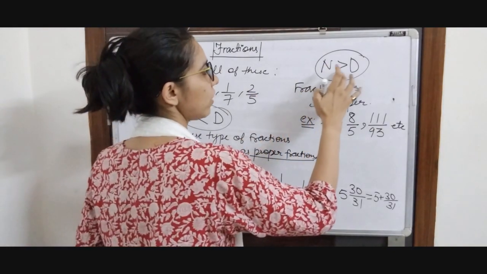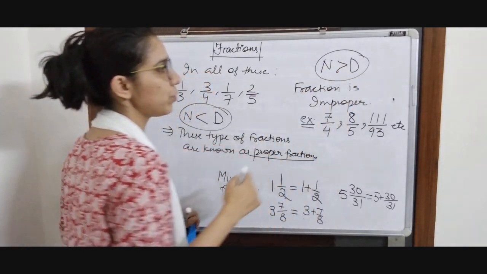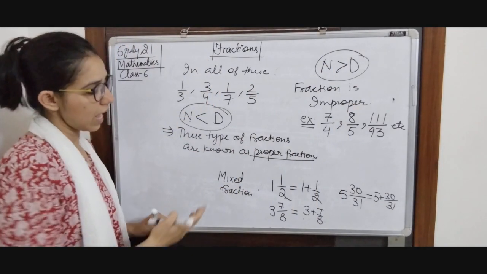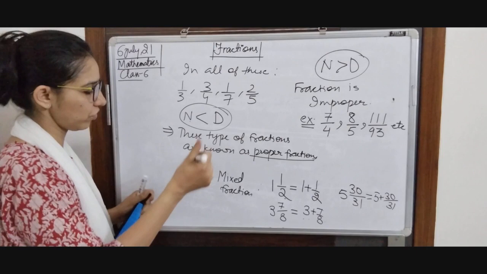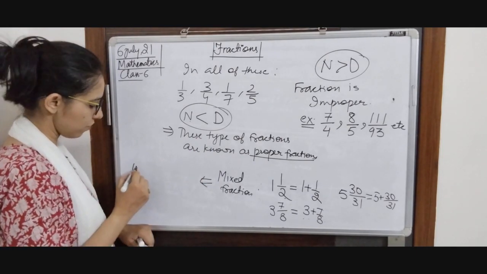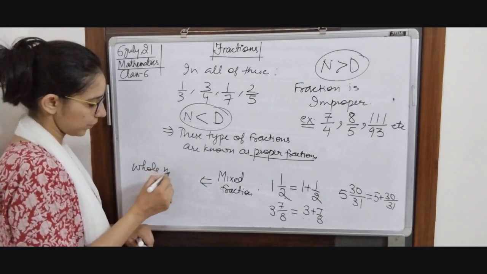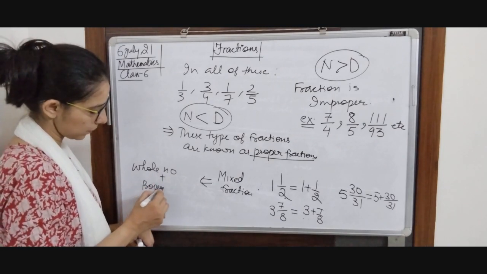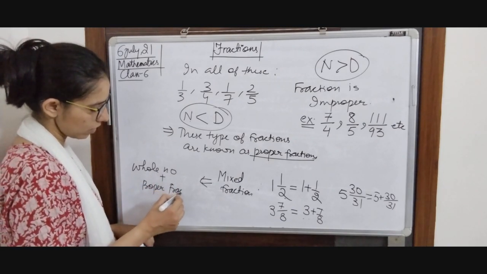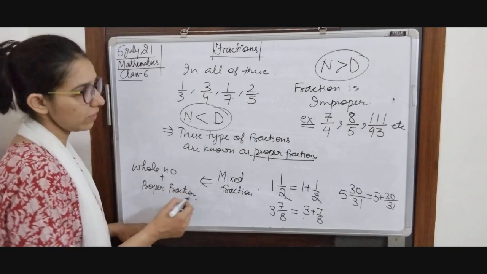Improper are those in which your numerator is greater than denominator, and mixed are those in which we have whole number and a proper fraction. In mixed fraction you have whole number plus your proper fraction. These are the three types of fractions.